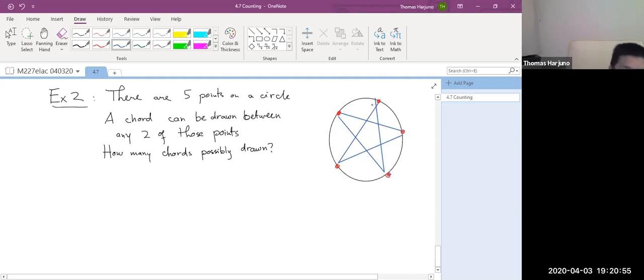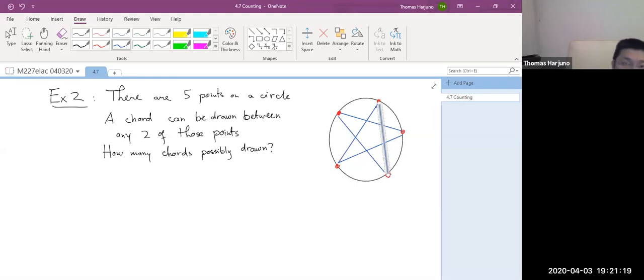How do I know I can stop? How do I know that I'm done? How do I know that I'm not missing any possible line? So that's the weakness of doing it one by one.